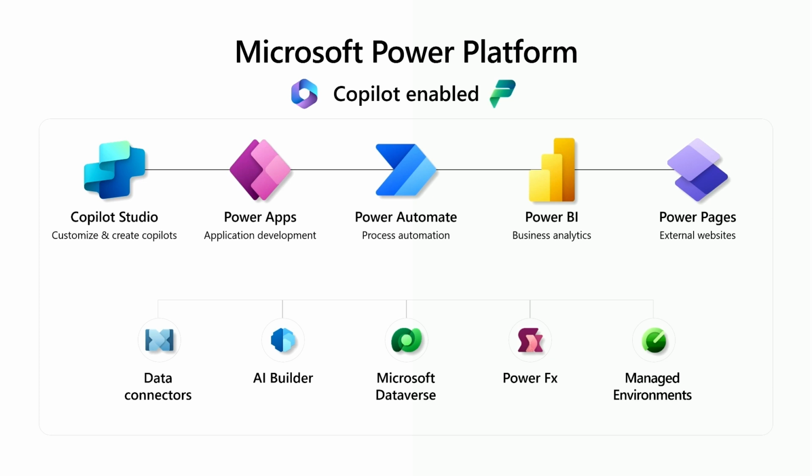AI Builder is an example of recognition of numbers, pictures, etc. Dataverse is the heart of the application to show you where all the data is going, so it's the data layer of the Power Platform. Power Fx is the coding language of the Power Platform, and managed environments is how you can manage the different things that are available in it.